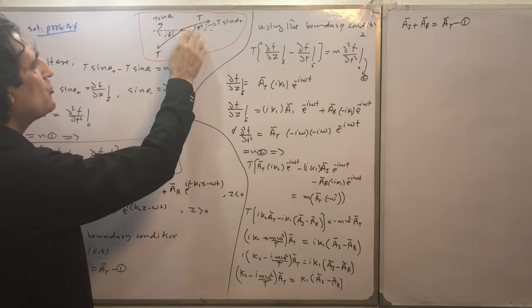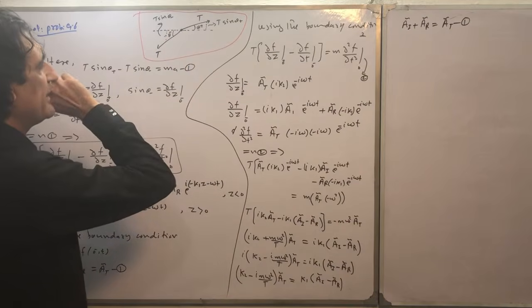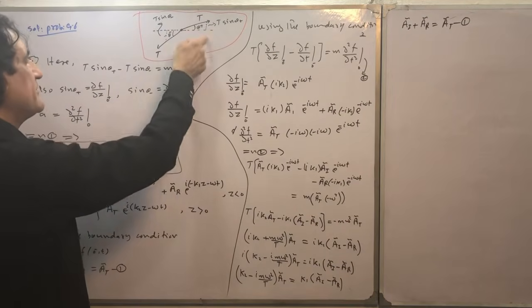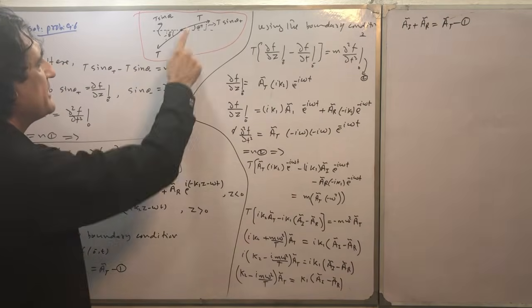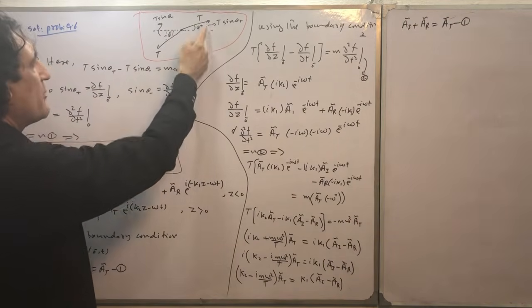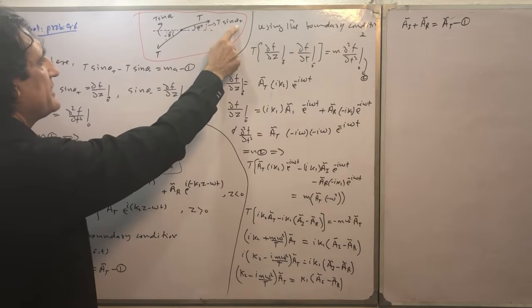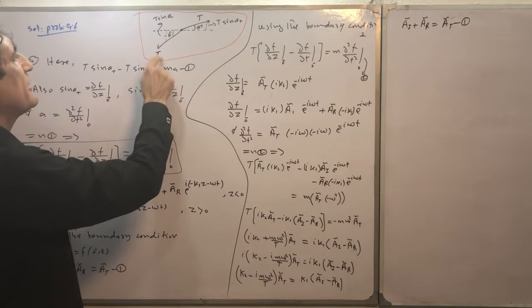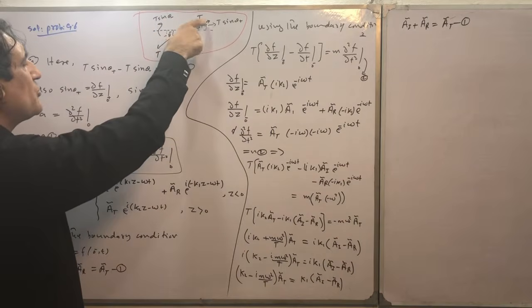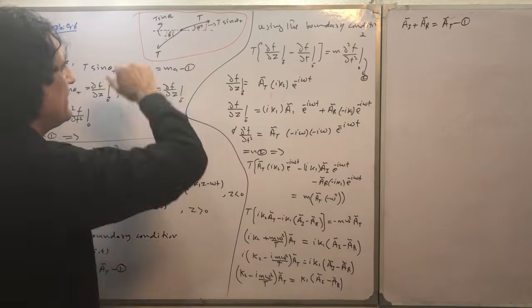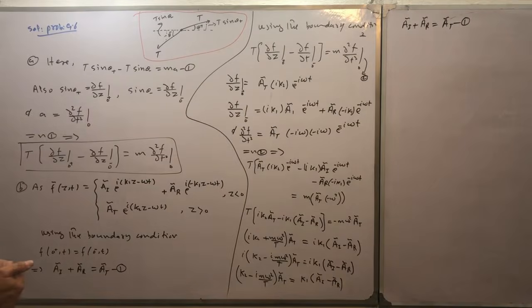So we have two components, one the x component and the other the y component of this tension T. At the y component, we have T sine theta plus, and on this side, T sine theta minus. So these two balance the effect of each other.